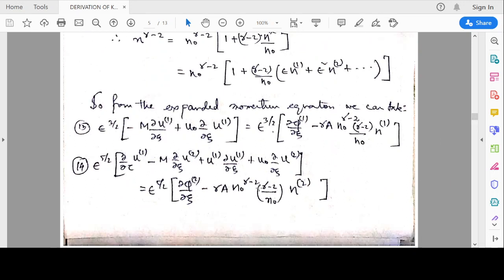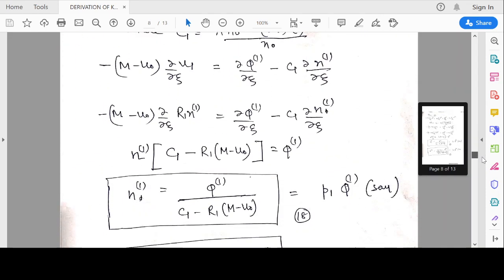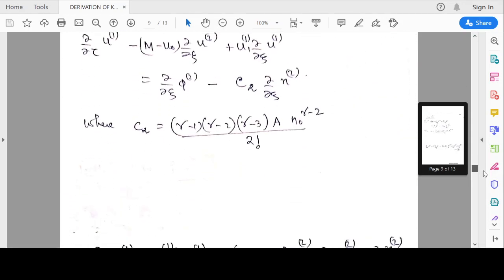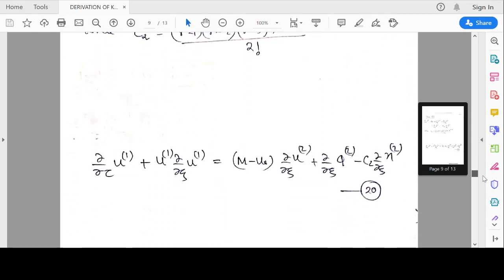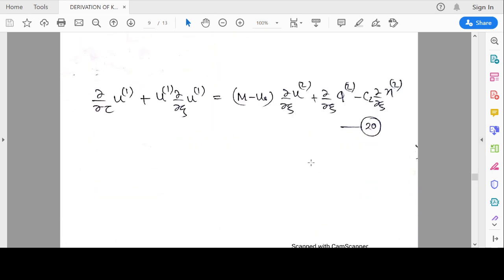But this would be your C2. Okay, don't mind. C2 and C1 are the same. So you get from the momentum equation all the first order terms on the left hand side, and on the right hand side you get the second order terms.